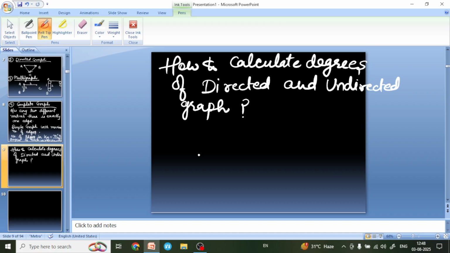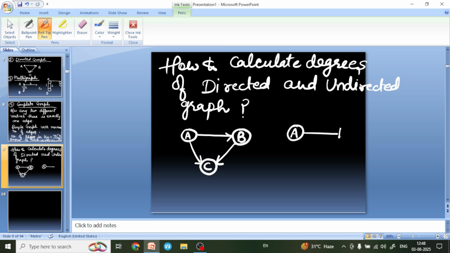Here I am going to draw one graph that is directed: A, B and C. You can see here, this is a directed graph, and now I am also drawing an undirected graph like the directed graph.